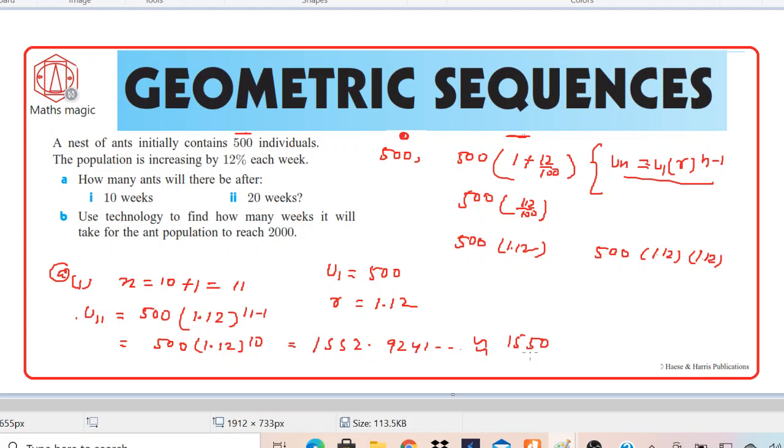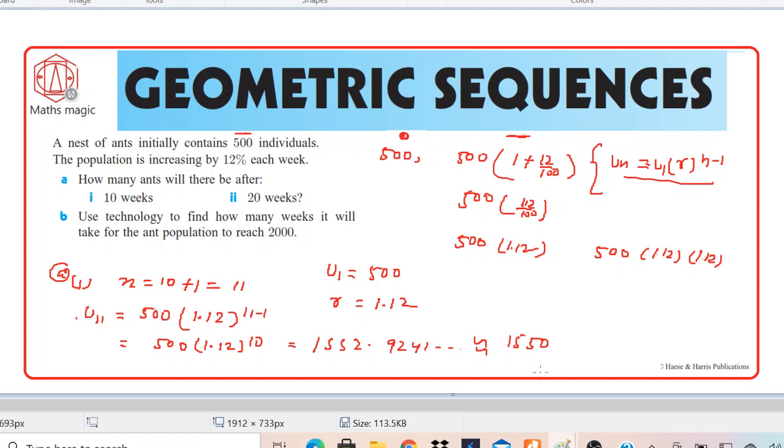Hope it's clear. I will explain this part again. First of all, you have to understand how you can construct a geometric sequence out of this. You have to keep in mind that if any increment is happening with a constant percentage change, then the sequence you obtain is a geometric sequence.